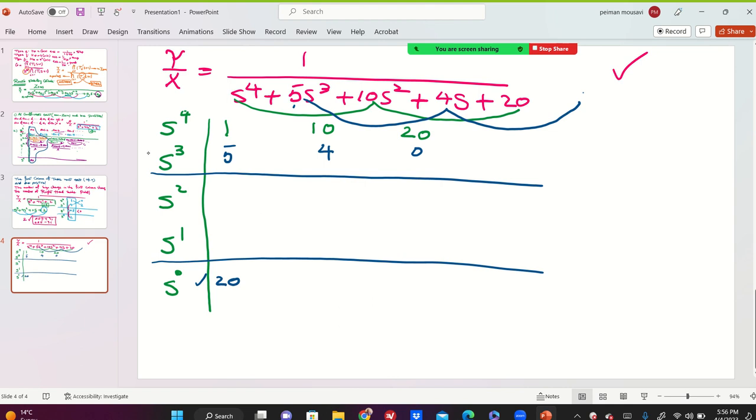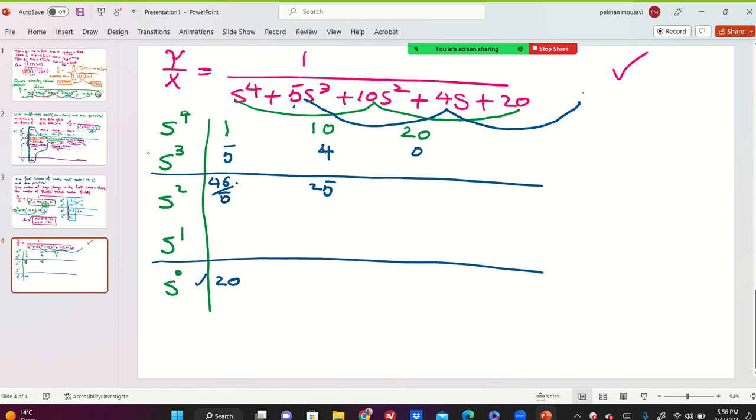Now, 50 minus 4 is how much? 46. 46 divided by 5. 100 minus 0 divided by 5 is how much? 20. Now this line.